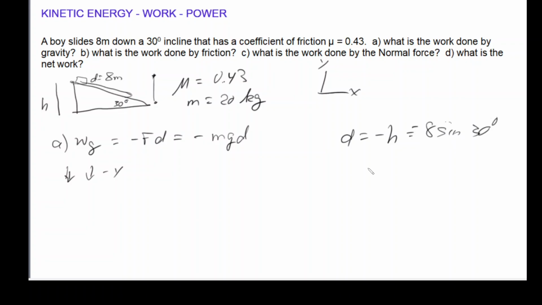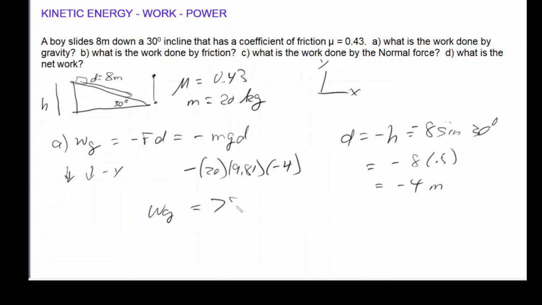So that's equal to minus 8 times 0.5, or minus 4 meters. So putting that in here, we get minus 20 times 9.81 times minus 4. So work done by gravity is equal to 785 joules.